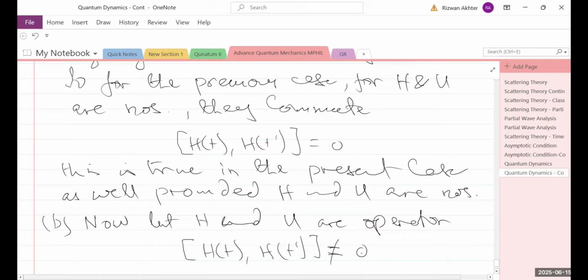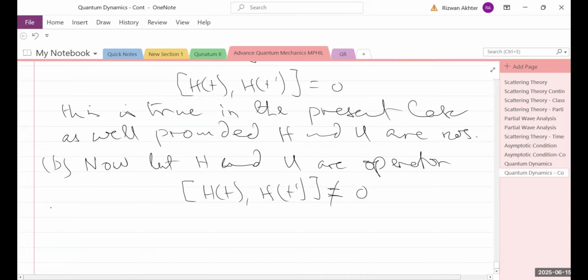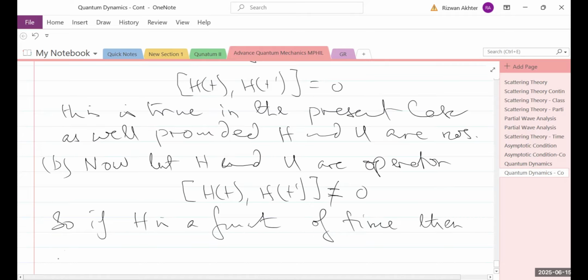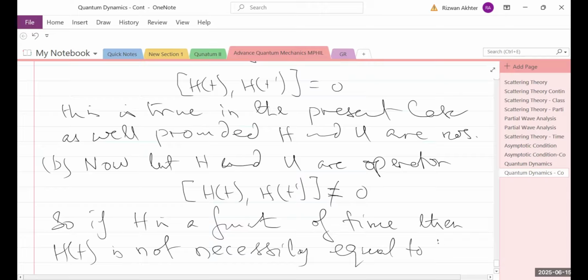So if h is a function of time, then h of t is not necessarily equal to h of t prime.